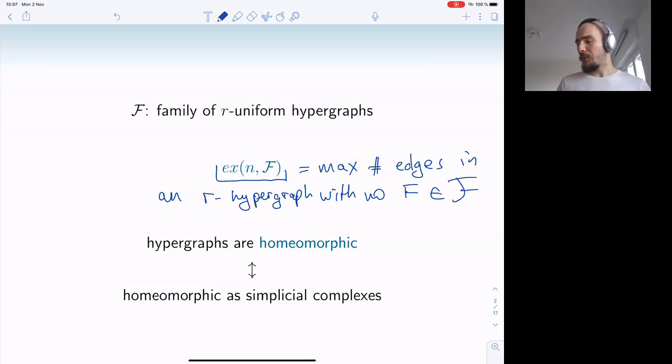We are forbidding all the structures from our family and asking for this maximum number of edges.